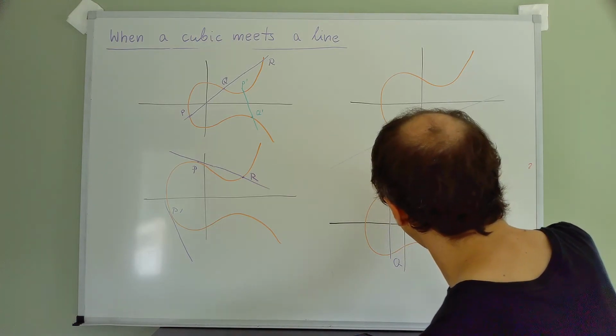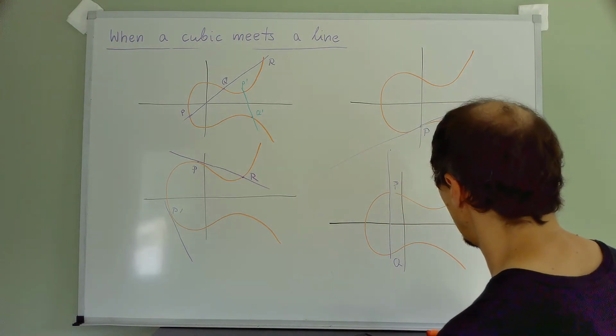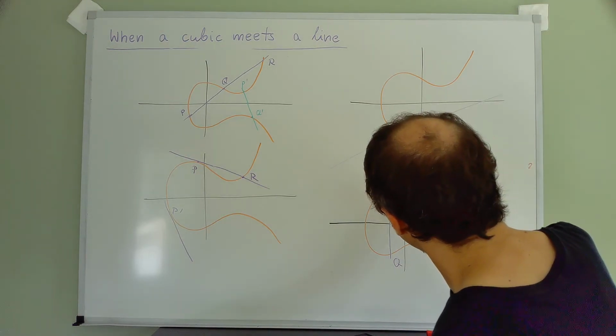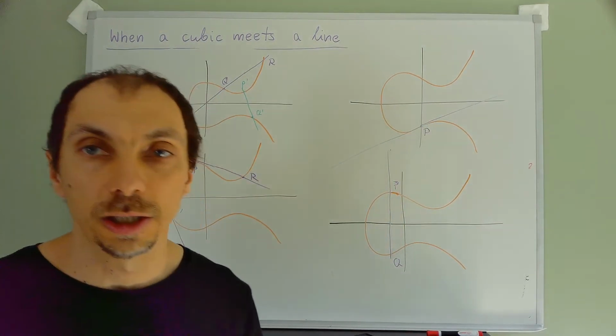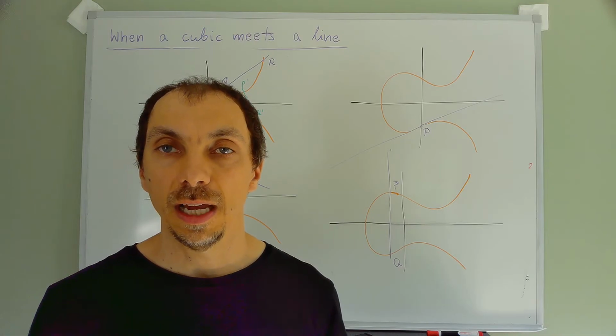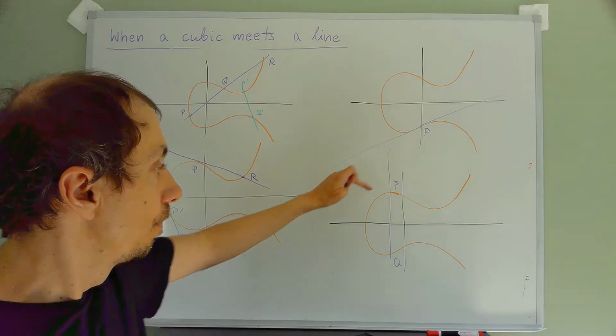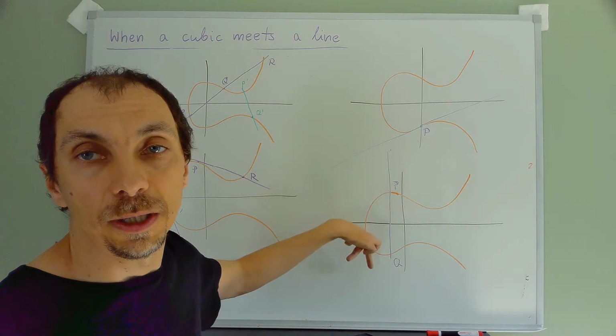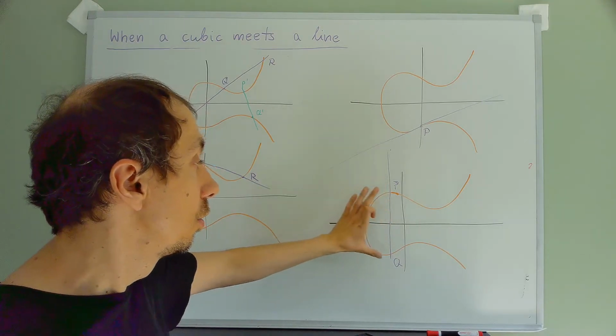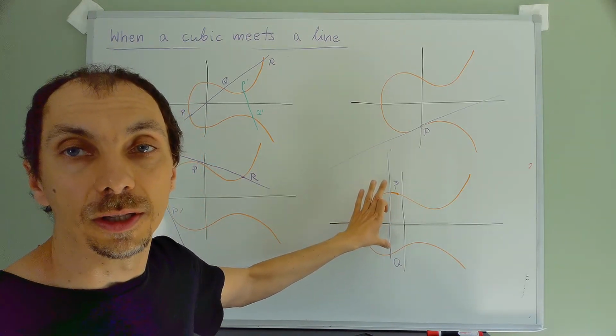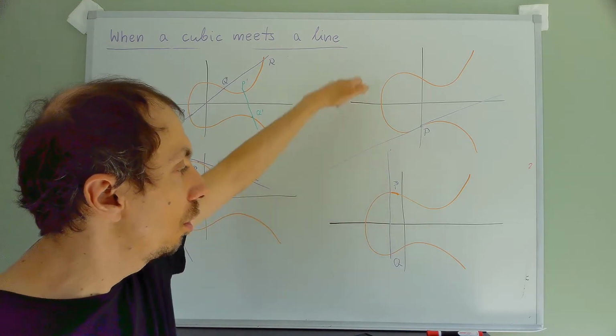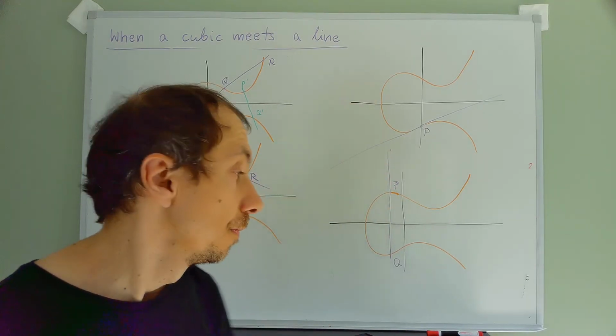All right, PQ. Okay, that clearly does not conform to these standards we have just been discussing. It is not tangent at P, and the line isn't tangent at Q. So these are all points of multiplicity 1. They are just single points, and it clearly will not intersect the curve anymore.